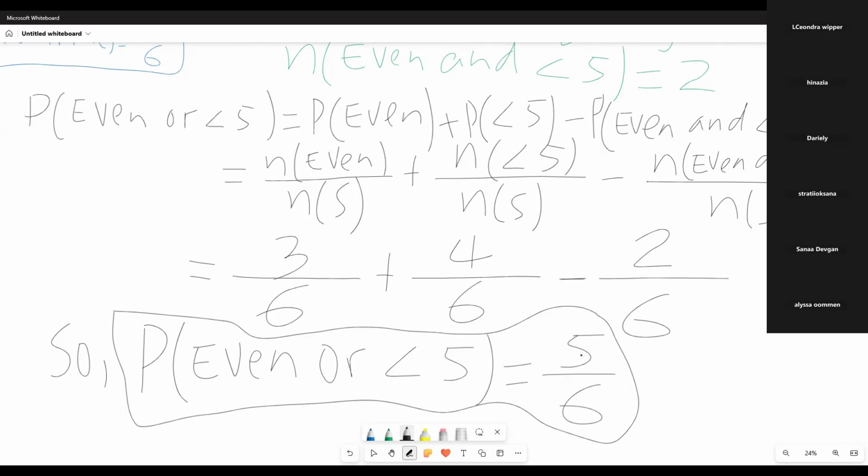Otherwise, you will be in big trouble here. The probability will be greater than 1. So you need to find the intersection of the two events, which is 2/6. Is this clear? Yes. Okay, good.